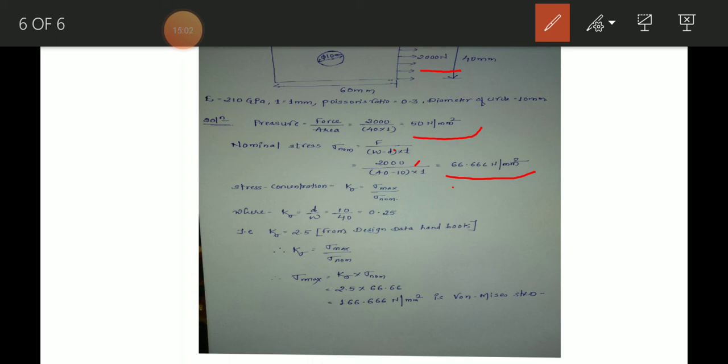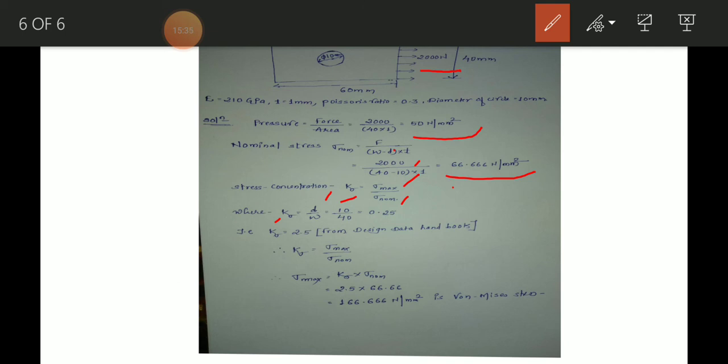Now we have to calculate the von Mises stresses. Before calculating the von Mises stresses, it is required to find out the stress concentration in the element, which is given by sigma max divided by sigma nominal. Now how to find this k sigma? It is found using D by W, that is the diameter of the hole to the width of the plate.